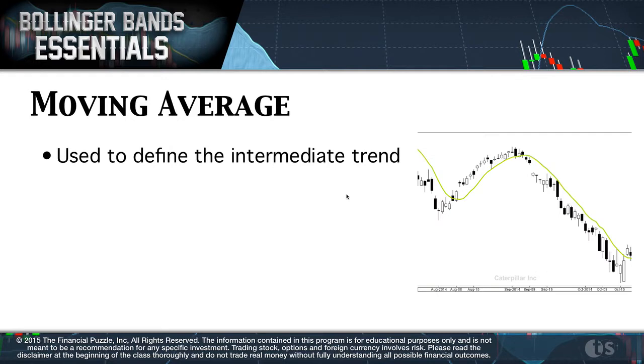When we talk about the moving average, this is going to be used to define the intermediate trend. If you go back to some of our Foundations of Stocks and Options teachings, you'll discover that we use three short-term moving averages: the 10, the 20, and the 50 period, and we state that those outline the intermediate trend. That's exactly the same theory that John Bollinger is building from.